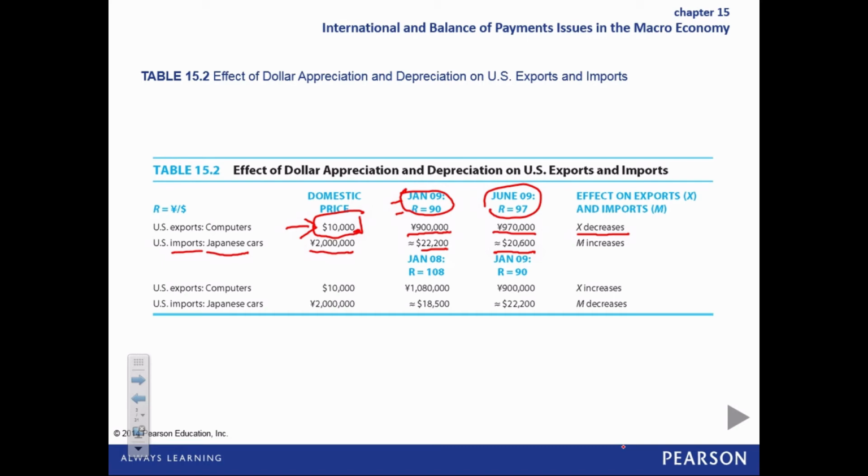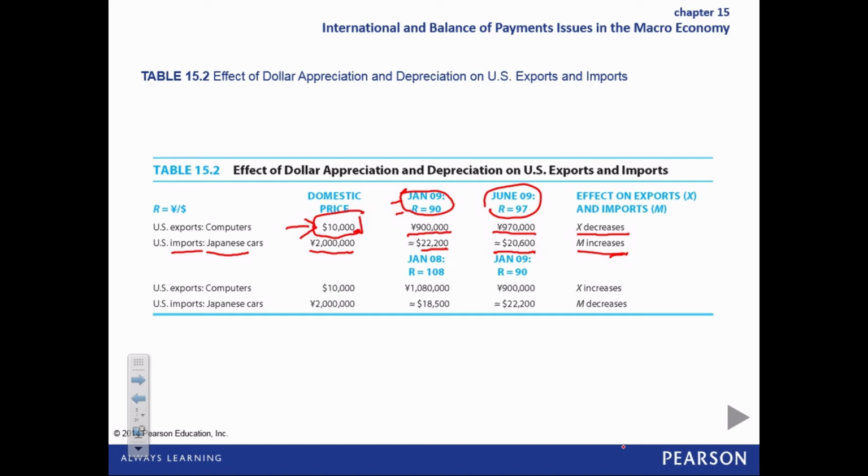A discount of about $1,600. So a Japanese automobile to us who are paying with dollars is now cheaper. So our import will go up, right? So it creates a deficit. Import increases, export decreases, creating a deficit, right?